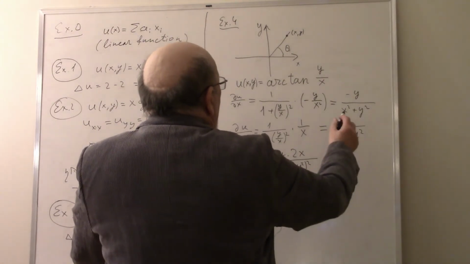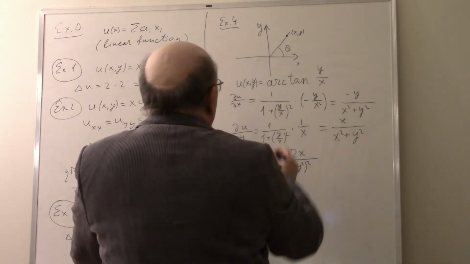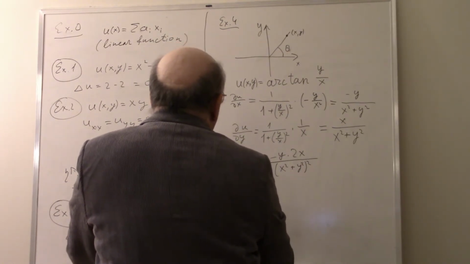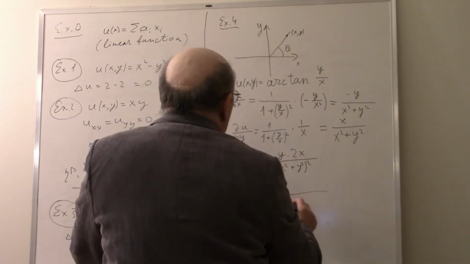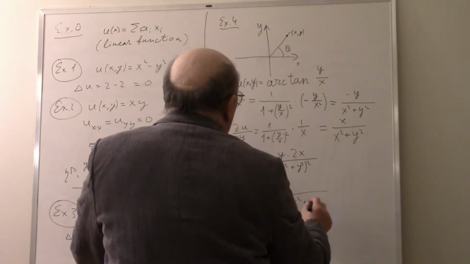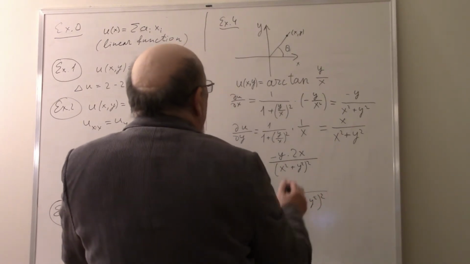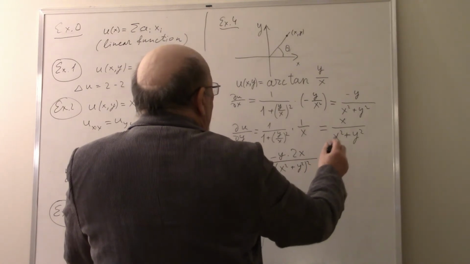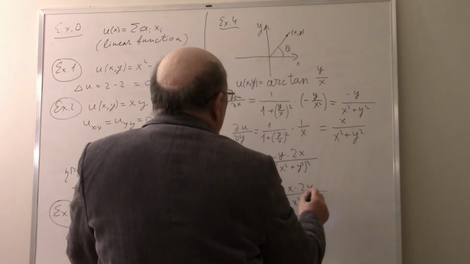And derivative of y with respect to x is 0. d2u/dy squared equals (x squared plus y squared) squared, and here it is x times 2y.